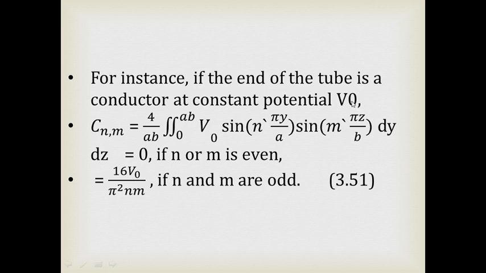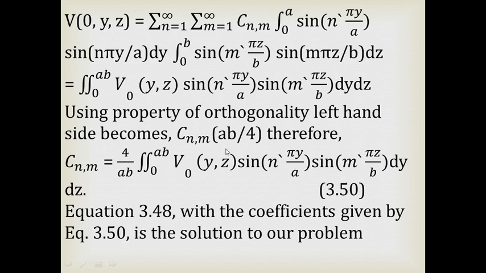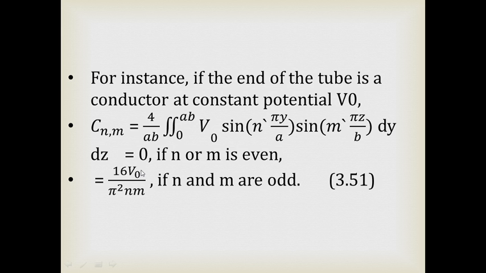Then this constant term we can take outside of the integration, and c n m is equal to 4 v0 upon ab, double integration from 0 to a, 0 to b, of sine n dash pi y upon a, sine m dash pi z upon b, dy dz.